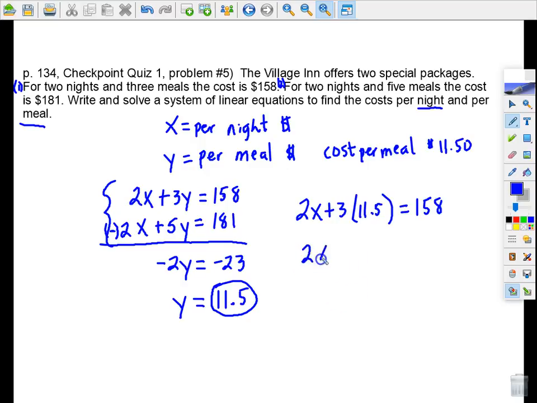Okay, 2x plus... And once again, it's okay if you wanted to grab a calculator and do this little calculation. That's 34.5 equals 158. All right, and so now we're going to subtract 34.5 from both sides.